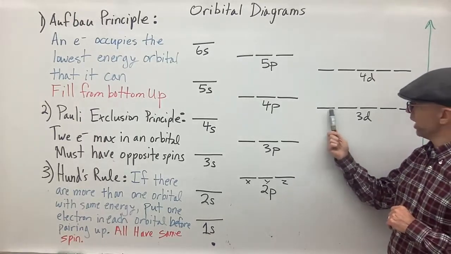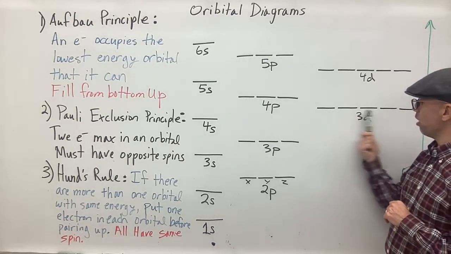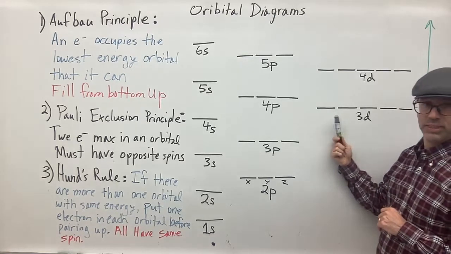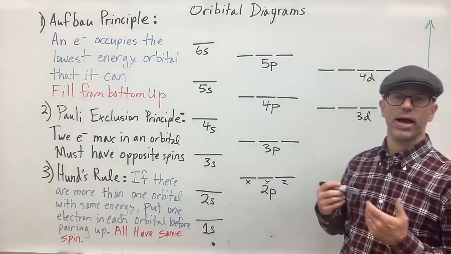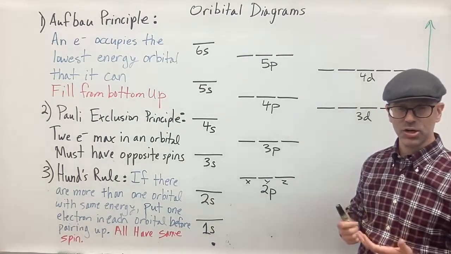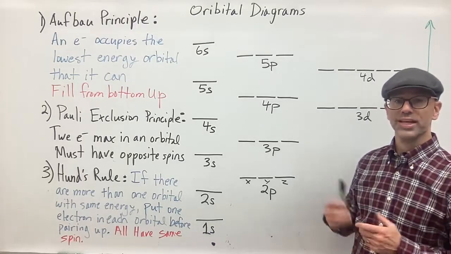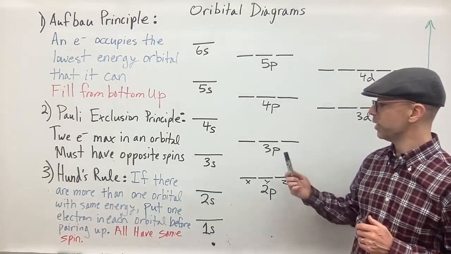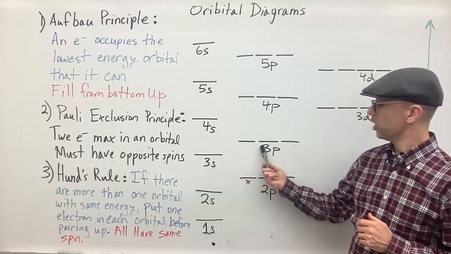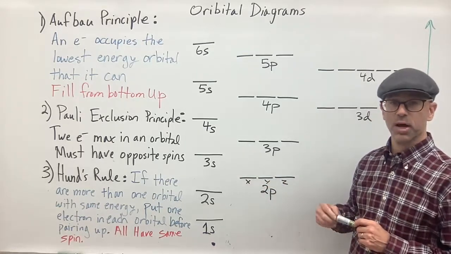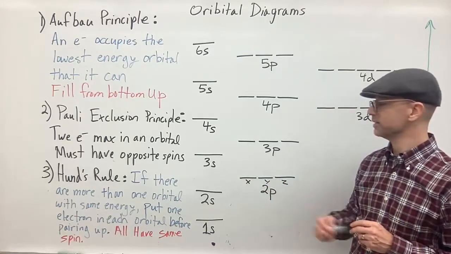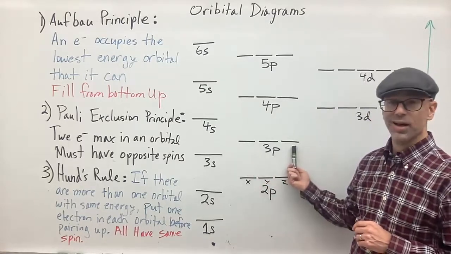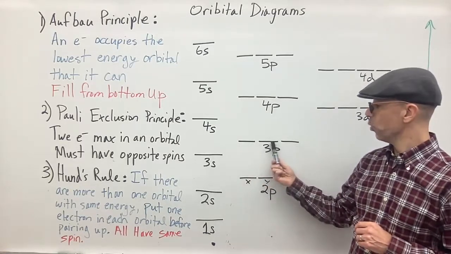All 5 of these d orbitals have the same energy. So when you have orbitals of the same energy, the electrons are going to occupy the orbitals one at a time before you pair them up. You don't pair up electrons into an orbital until you've actually filled one each first.